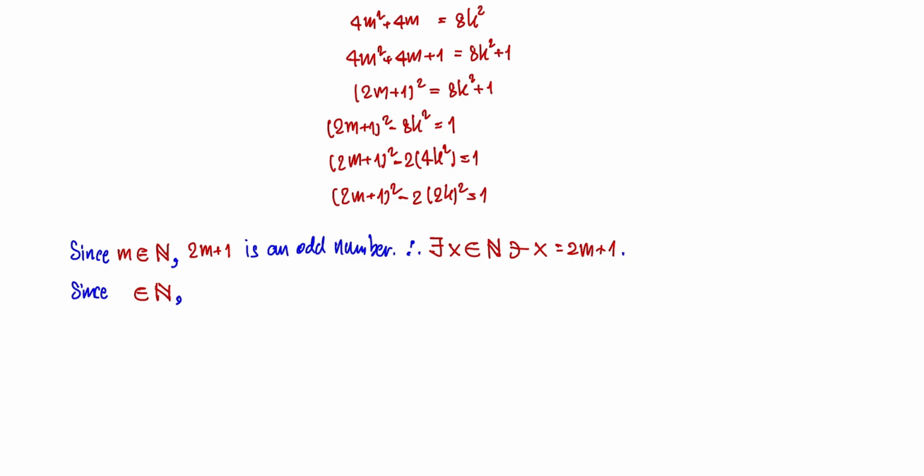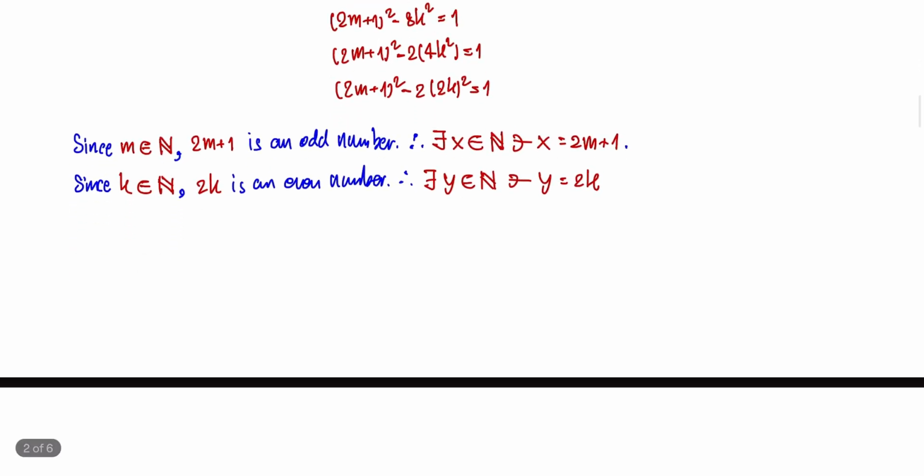So there exists, let's say, y, an integer, such that y equals 2k.